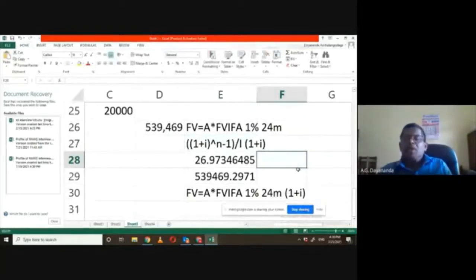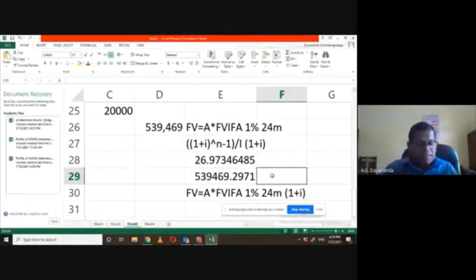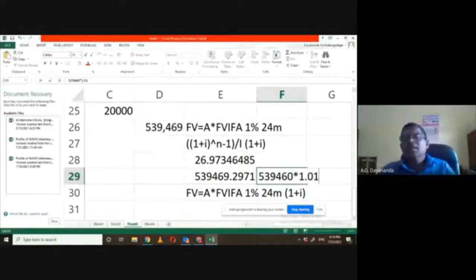So what do we have to do here? To get this answer, what do we do? The answer that came here, that is 539,469, right? You multiply it by 1.01. That is the answer.